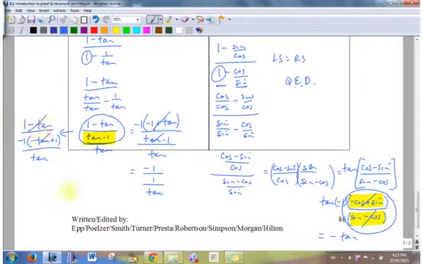And then I'll cancel that again. On the top, I got a 1. Here, I got a -1, and then I have tangent on the bottom. This is a fraction over a fraction. I don't want to divide fractions. I want to flip them and multiply them.